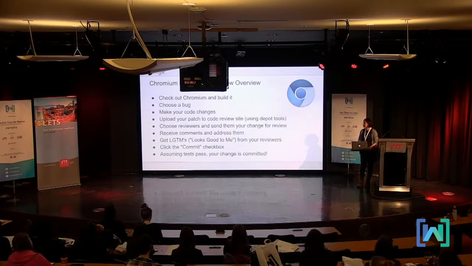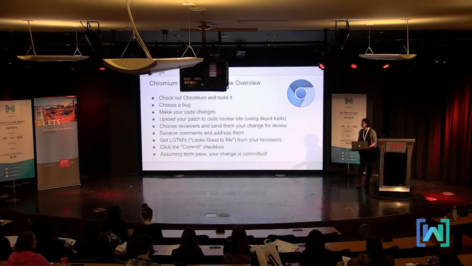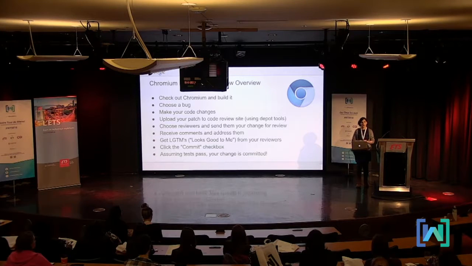So afterwards, we choose a bug we want to work on, we make our changes, and then we upload our patch to a review tool, which is a web tool, actually. Afterwards, we choose reviewers, send it for review, and it goes back and forth with the reviewer.